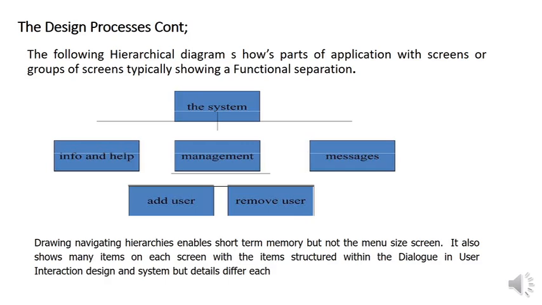Drawing navigating hierarchies enables short-term memory but not the menu size screen. It also shows menu items on each screen with the item structure within the dialog in user interaction design and system, but details differ in each.